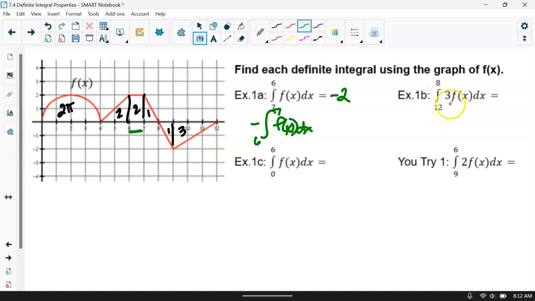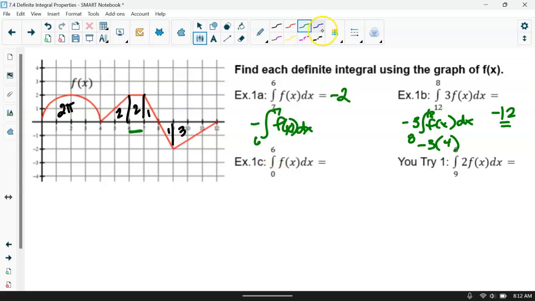So there's two different ways because we also have our 3. So this is the same as 3 times negative 8 to 12 of f of x, which here is negative 3 times the area of f of x under the curve from 8 to 12, which is 4, giving us negative 12.